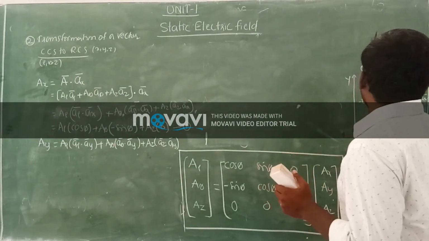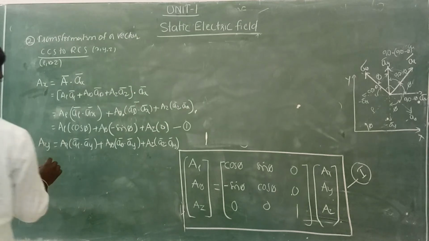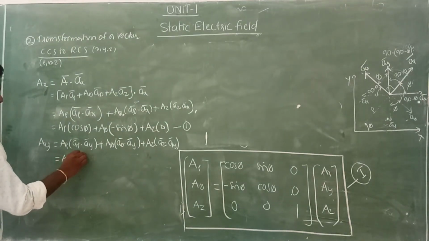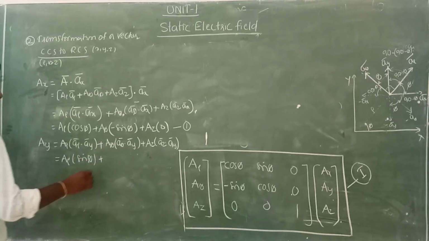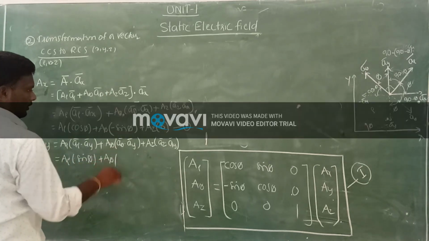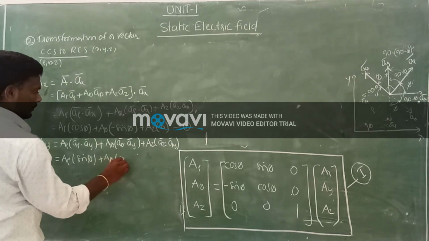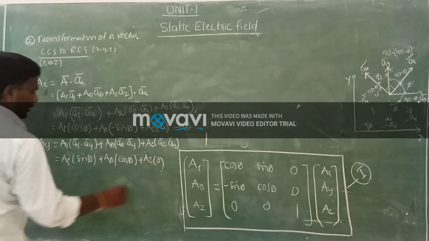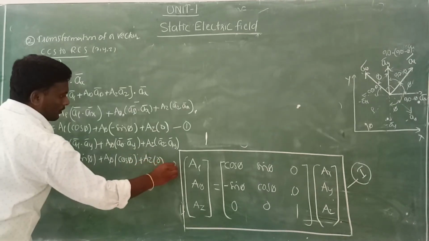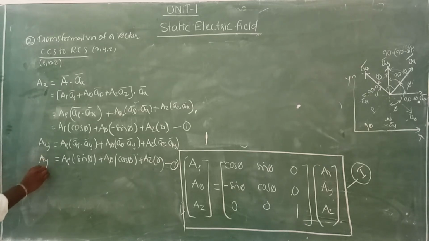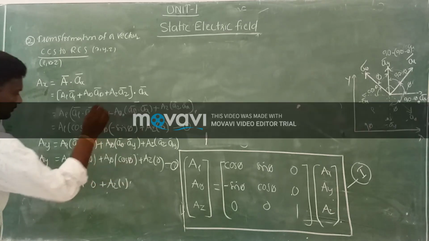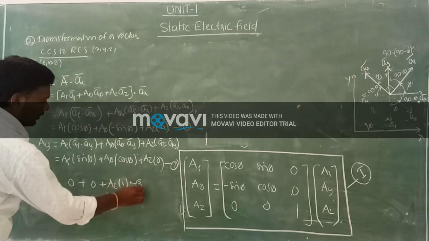Ay is this one. It is 90 minus phi. Cos of 90 minus phi is sin phi. So that's why A rho into sin phi plus A phi into cos phi, and the Az term is 0. This is equation number 2 for Ay, and finally we have Az. Anyway, it is 0 plus 0 plus Az. Equation number 3.